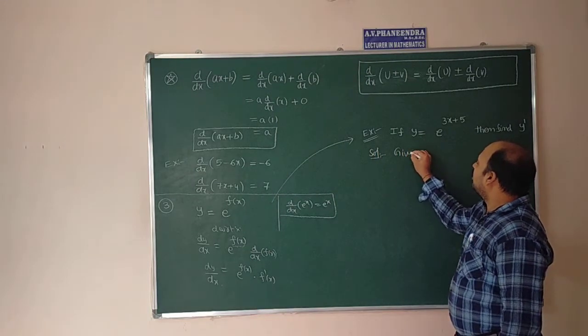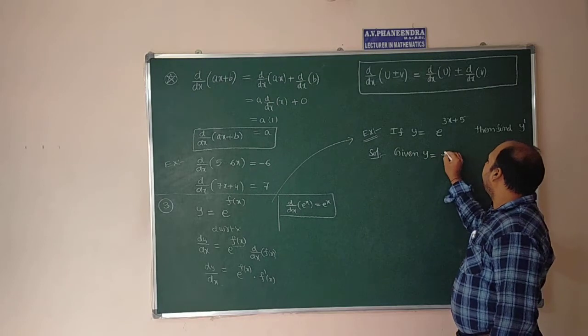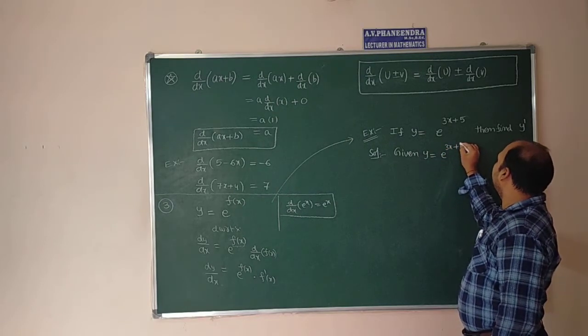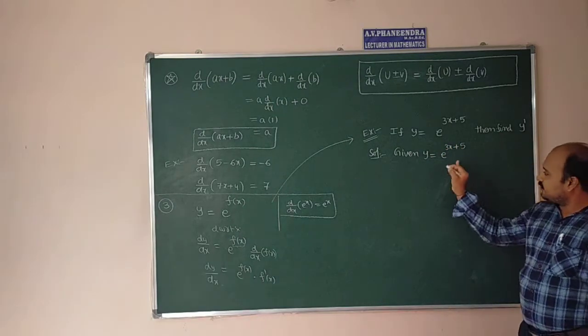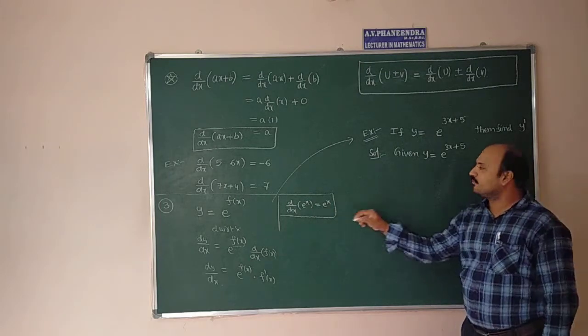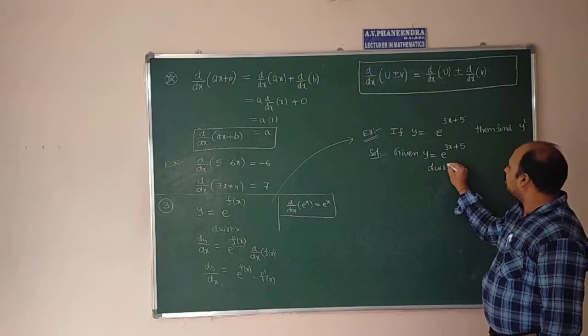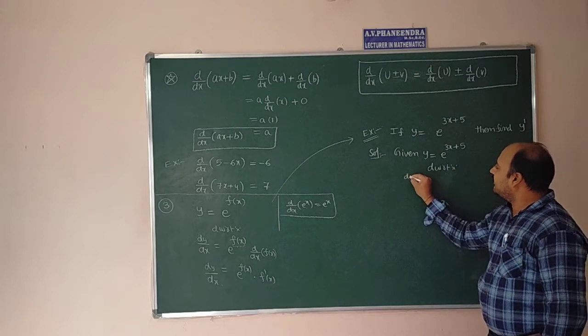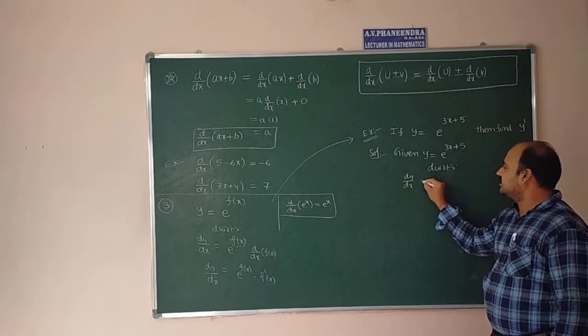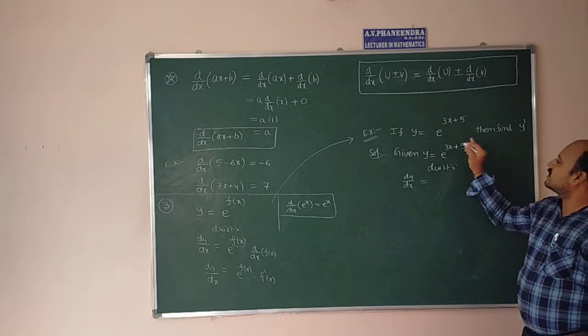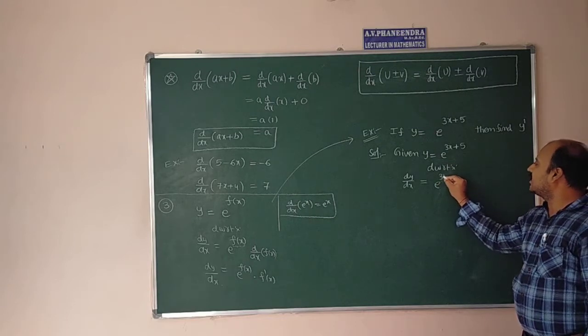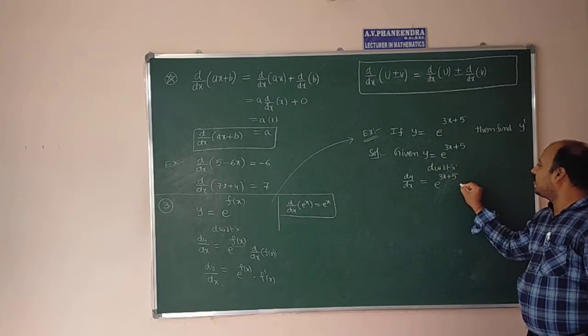Given y is equal to e power 3x plus 5, it is in the form of e power f of x. Differentiate with respect to x. dy by dx is equal to e power 3x plus 5. After that, what do we have to do?